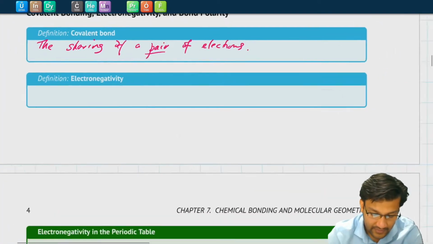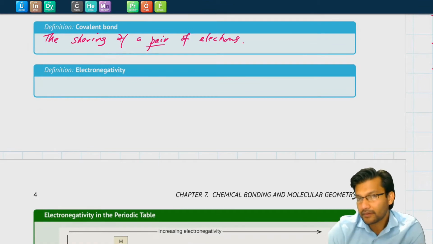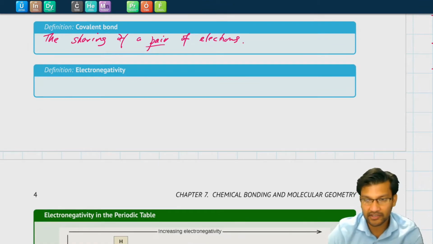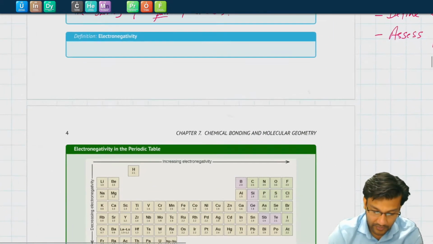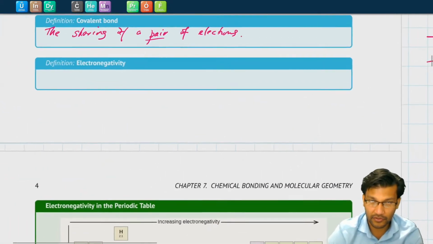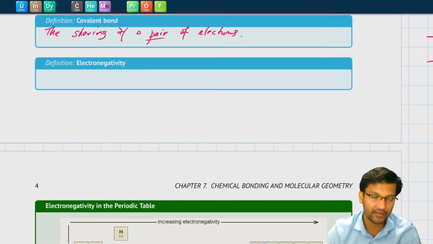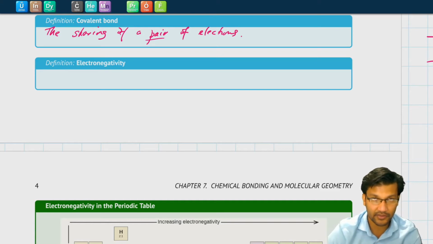Now, you might think, okay, fine, two atoms are sharing some electrons, that sounds good enough. But we learned from our previous chapter that elements don't pull on electrons the same way. For example, the more towards the right side of the periodic table you go, towards the nonmetals, the more they tend to pull on electrons compared to elements towards the left side.